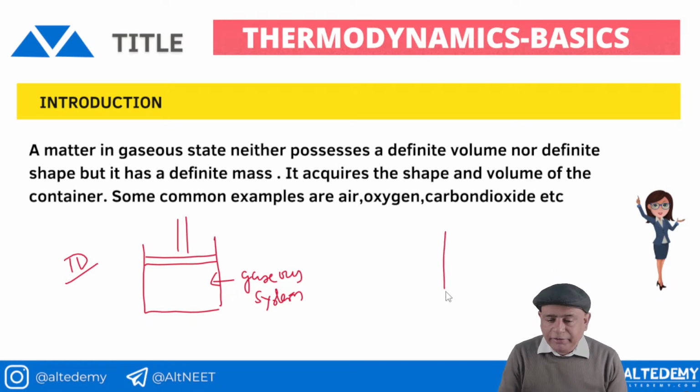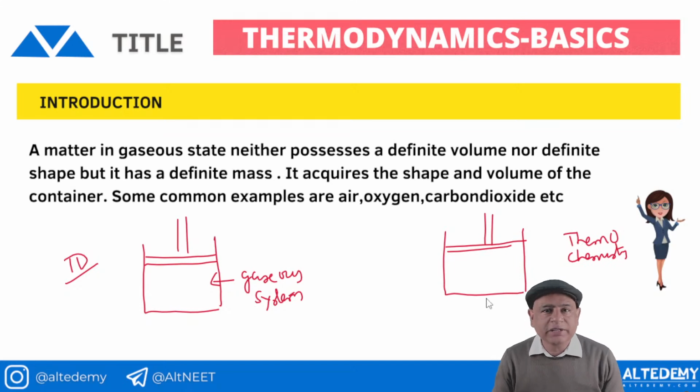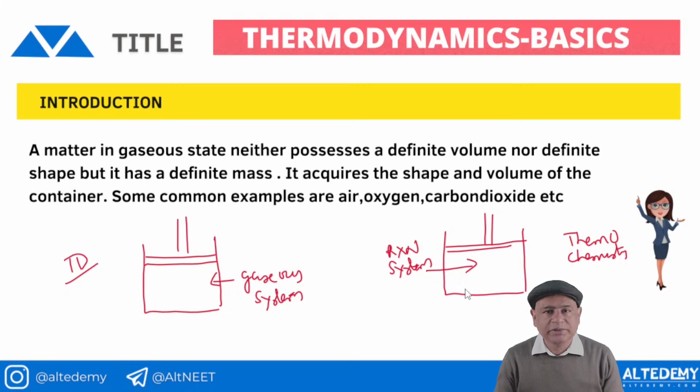We have one more chapter which is attached with it, and we call it thermochemistry. In your basic books, where thermodynamics ends and where thermochemistry starts, often you are surprised. But you should know the fundamental difference. In thermodynamics, we are essentially talking about a gaseous system. In thermochemistry, we are essentially talking about a reaction system. In physics, you do not talk about thermochemistry.